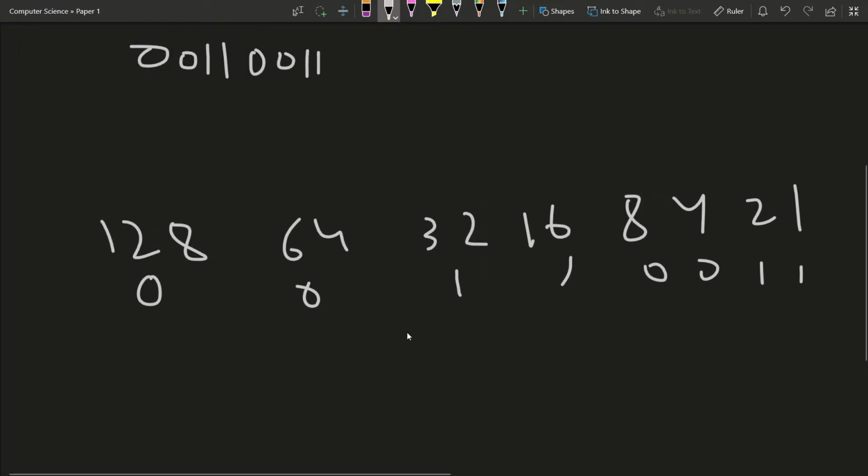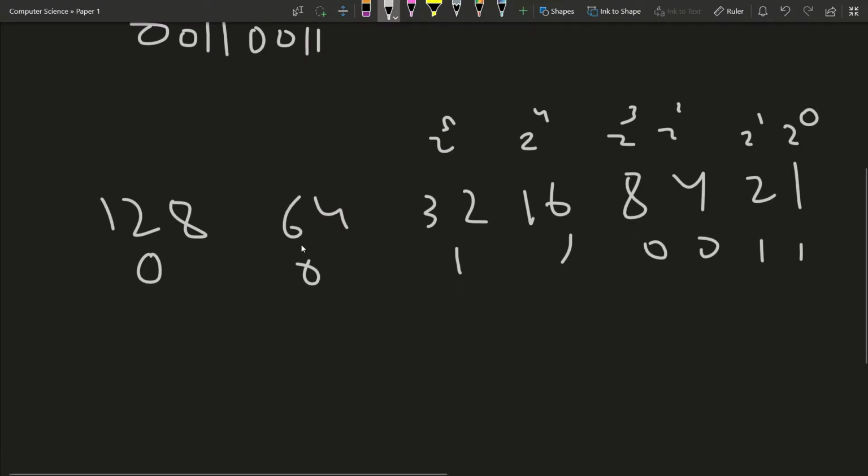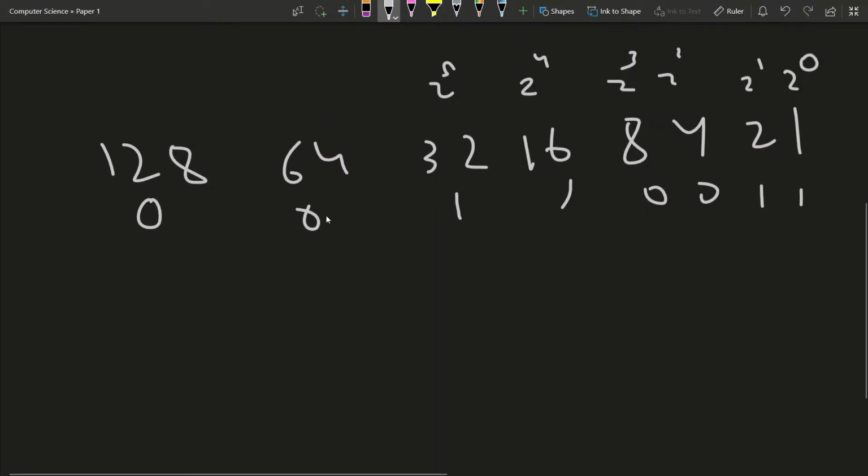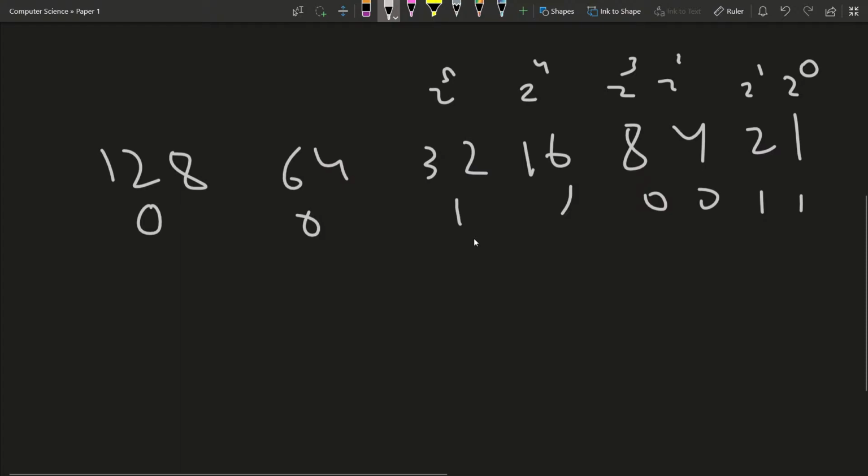So why do we do this? This is because the binary system is based on the number 2, so it can only be 0 and 1. Basically, this is 2 to the power 0, 2 to the power 1, 2 to the power 2, and so on, up to the power 7. Which is why we write the binary number here, and then we solve it.